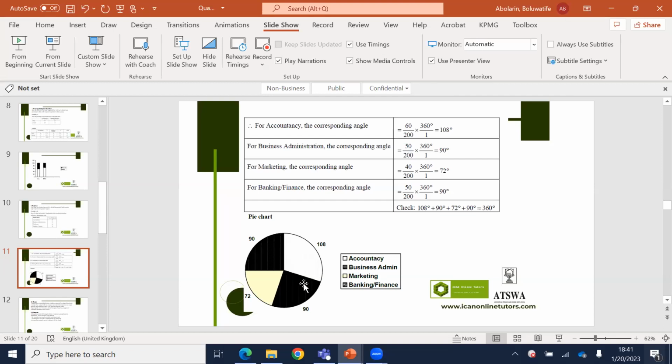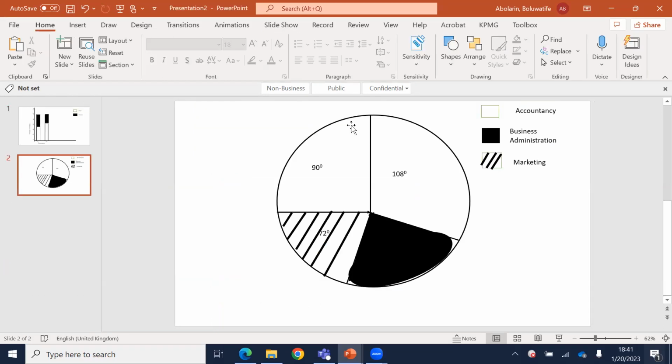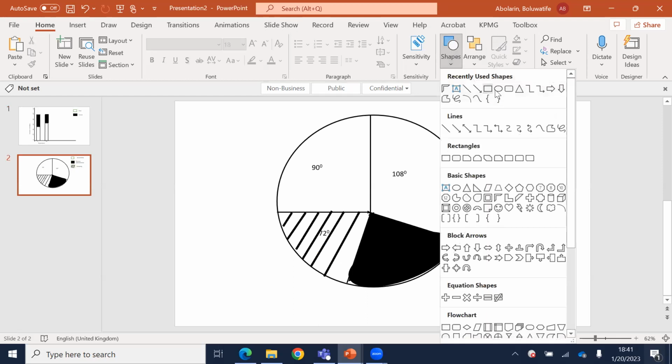This business admin is not that dark like that. Marketing, you see there's another color, but there's no way you can use color inside exam mode. There's no way you can get color like this. So now one way we can just make it another thing.